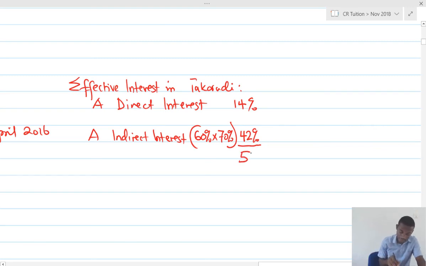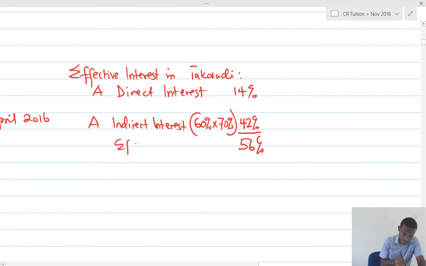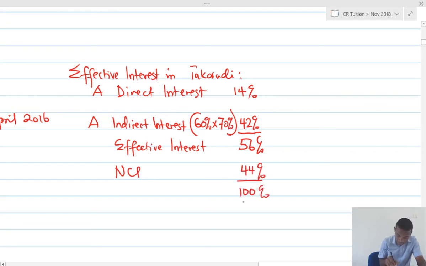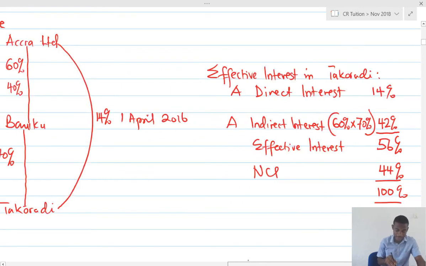So we have 56% effective interest. So this is the effective interest. And then we have non-controlling interest of 44%. So we have 100%. This is how we establish the group structure.